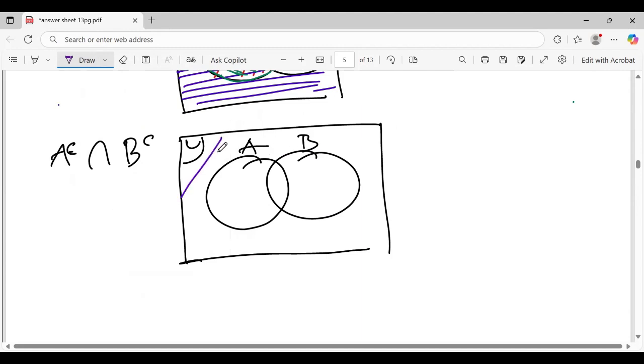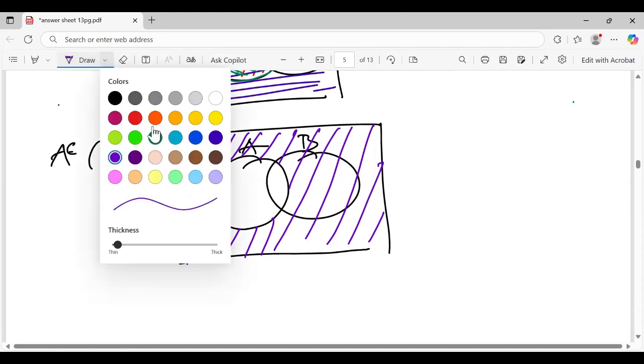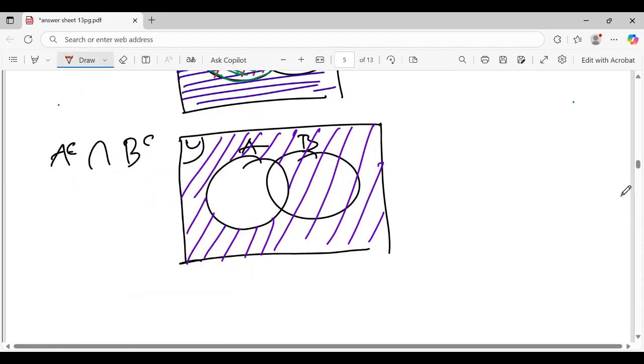A complement are the ones not included in A. Okay, so this shading area is the area of A complement. I'm going to use a different color for B complement, right? B complement, okay, not including B.